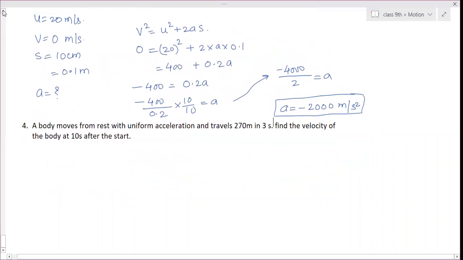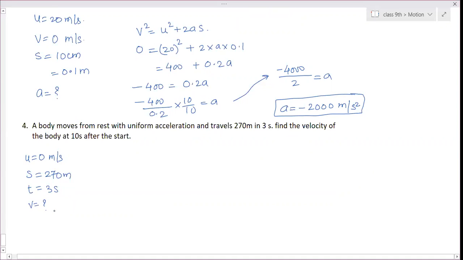Ma'am, U is equal to 0. Next, S is equal to 270 meter. Time is equal to 3 seconds. What we have to calculate? Ma'am, we have to calculate a velocity.